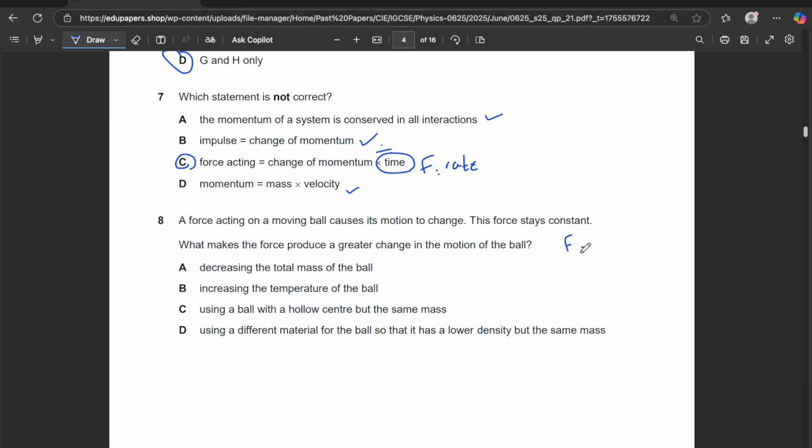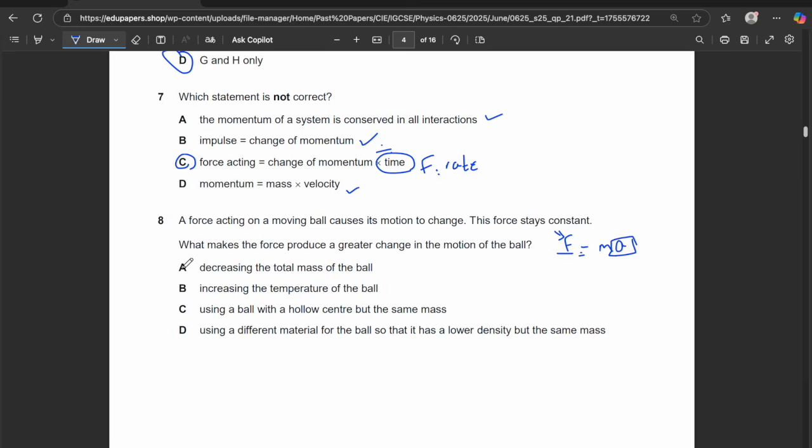So we need to consider F = ma, and this is the resultant force that acts, and acceleration shows the motion, right? So if we want to create a greater change, which means greater change in acceleration, what can we do? But the force will stay constant.